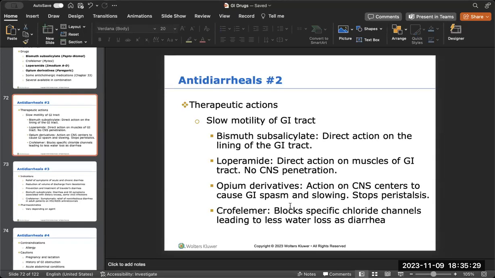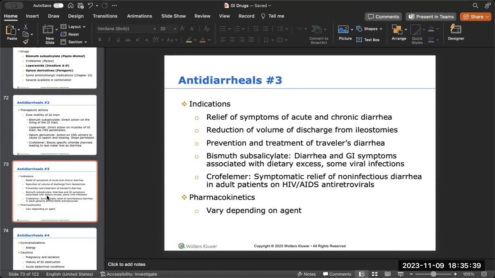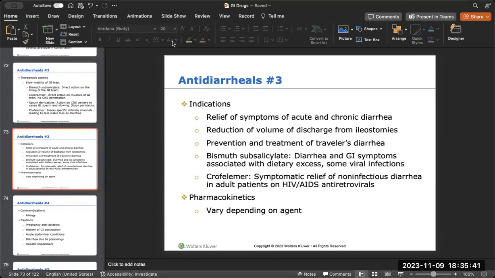And crofelemer blocks specific chloride channels, leading to less water and helping with stopping that diarrhea. That's how all of these drugs work. So as I said, they help with diarrhea, okay? And they can help with traveler's diarrhea when you go somewhere.